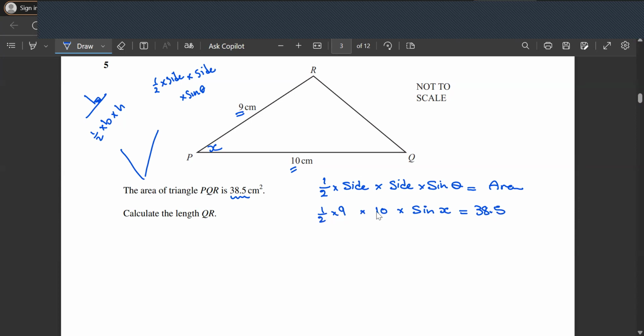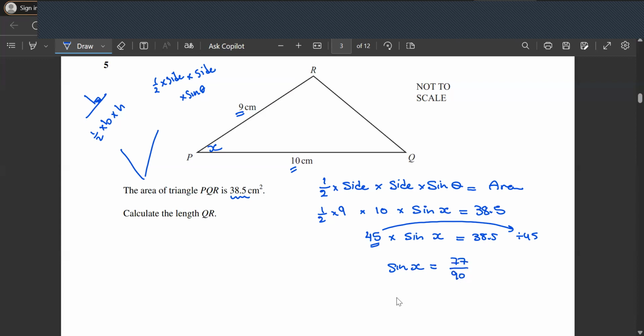Half multiply by 9 multiply by 10 is 45, multiply by sine x equal 38.5. Now this 45, send it to the other side by dividing. 38.5 divided by 45, so sine x equal 77 over 90.